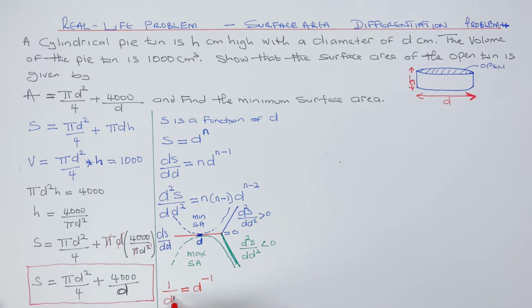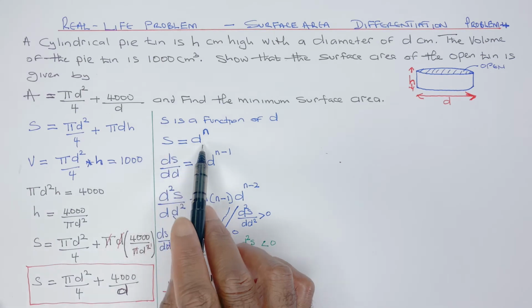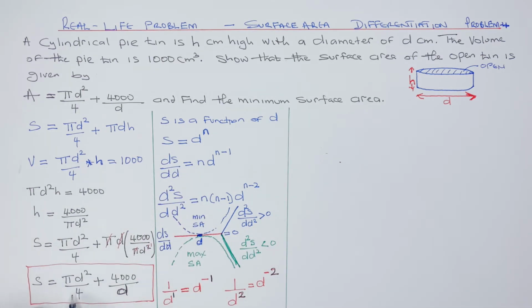What about 1 over D squared? That will be D to the power minus 2. Remember that the power 2 is this 2 here, and the 1 here is this 1 here. That's how we convert this into that. So we need to rearrange this function to look like that.